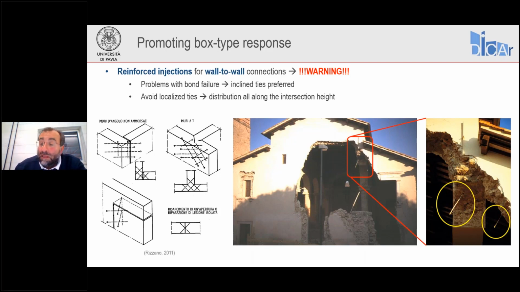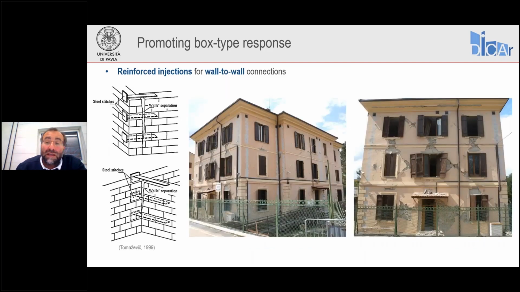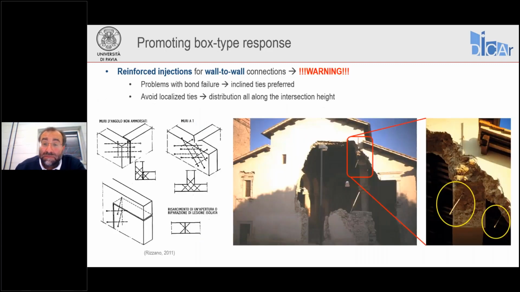Well, there was a problem of bond, but there was also another problem here. We had only one connection there. This type of intervention is effective if it is distributed throughout the height of the intersection, not like this. Here it was impossible to do anything at the bottom because you can see inside the building there were arches below. So in this case, the intervention was basically useless.